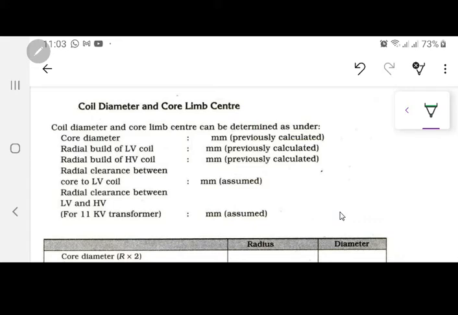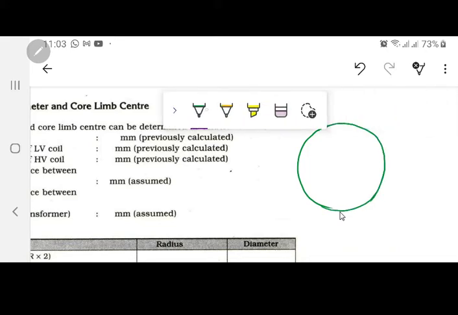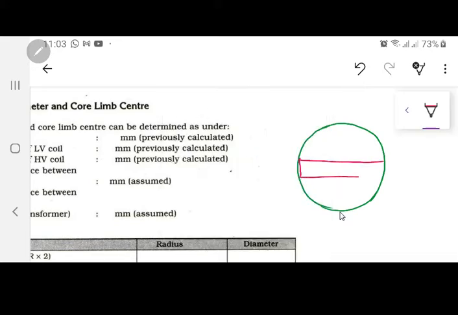Please remember, by core diameter I mean the diameter of this one, and when I am talking about this, this is the first step, this one is something else, and this diameter is something else. This is D, and this is that W over here. Okay? So that is 115.